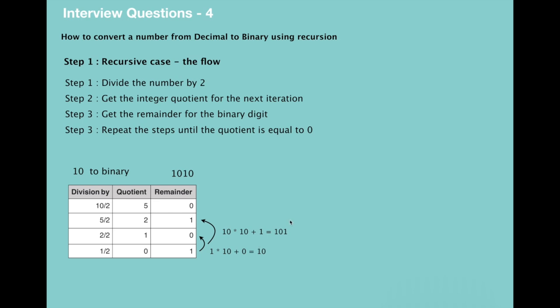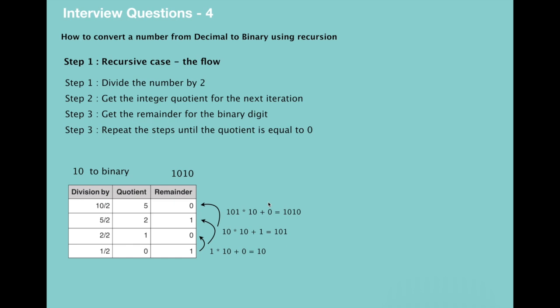So one more time, if we multiply this number with 10 and plus this remainder, we will get 1010, which is the binary number that we are looking here. So if you look at it from top to down, we can easily say that we take the remainder and plus the value that comes from the next iteration and multiply with 10.